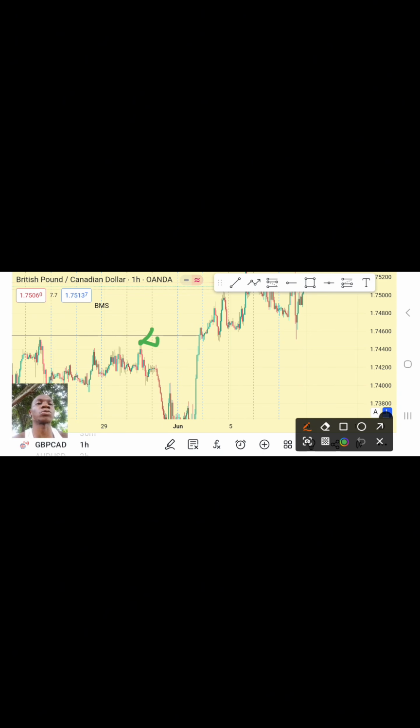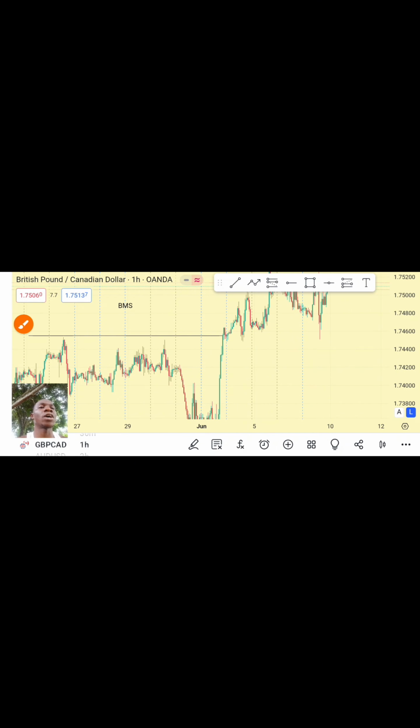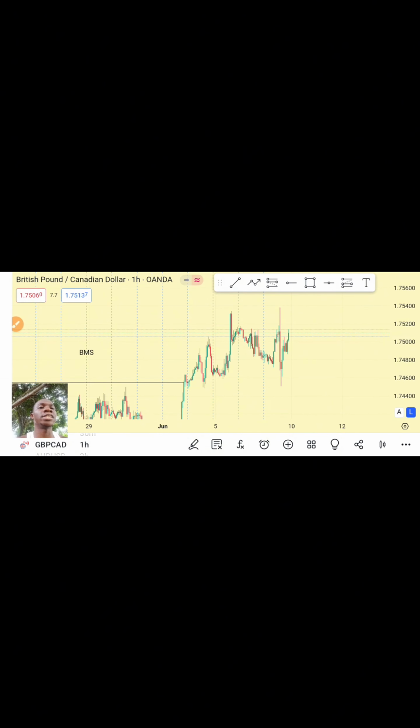This particular line is our last break of structure. So we are going to be looking for buying setups in this particular zone. What we did was find a decision point within these zones that can lead us to buy. We explored demand and supply, we explored ICT, we explored every other possible thing to find setups. So I'm going to show you the two setups we took last week using this particular concept.